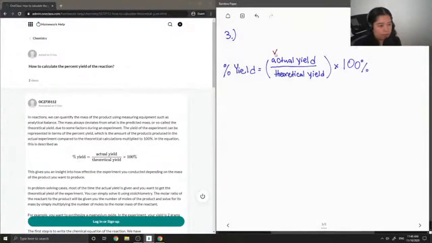So your actual yield is pretty much how much you actually obtained after performing the synthesis.